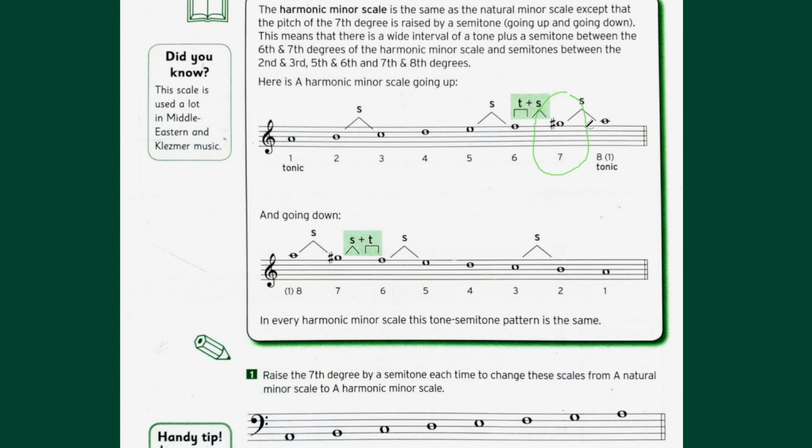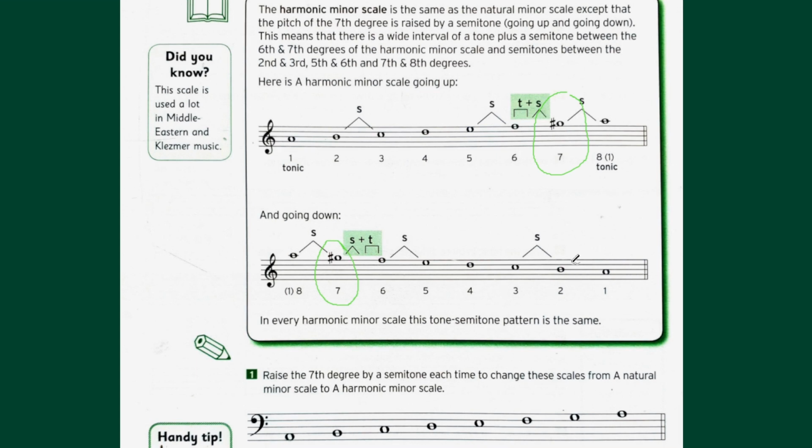Okay, so the seventh note of A minor scale, as you know, the A minor scale shares the same key signature as C major, so we have all white keys. So if you're raising the seventh note, this G is a natural G. When you raise it one step up, it will become a G sharp. The same thing applies when your scale is going down.